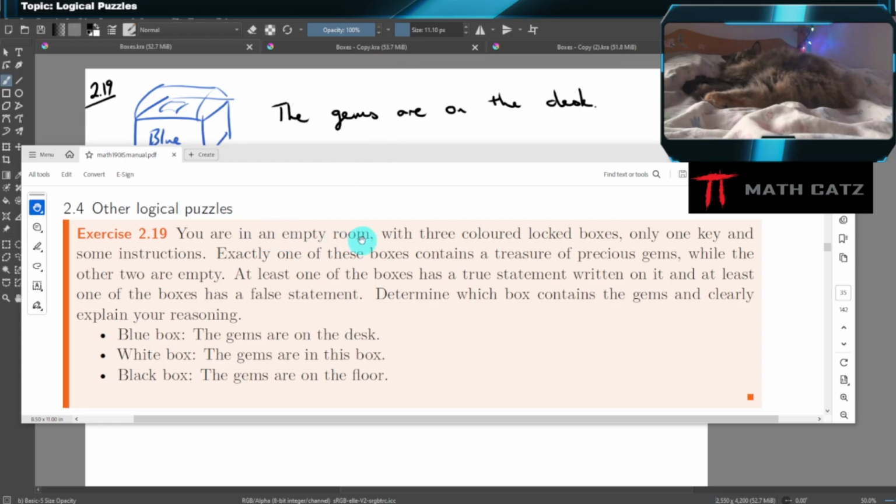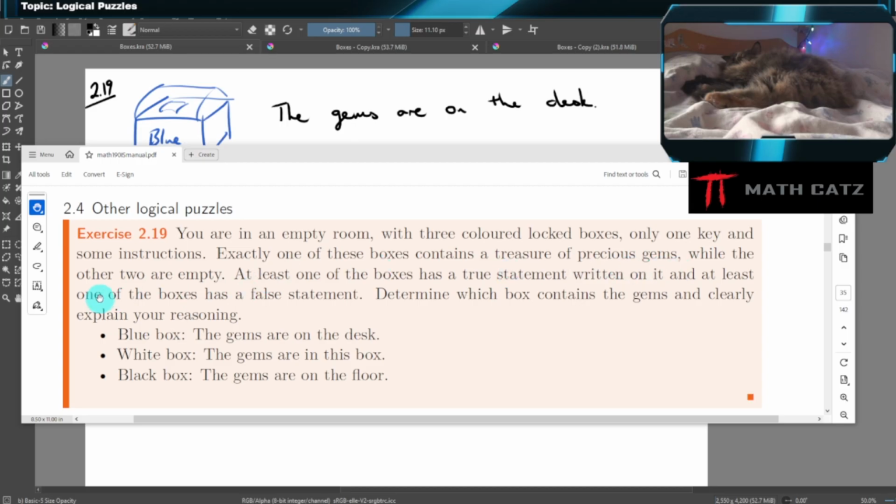You're in an empty room with 3 colored locked boxes. Only one key and some instructions. Exactly one of these boxes contains a treasure, some gems, while the other 2 are empty. At least one, so one or more of the boxes has a true statement.